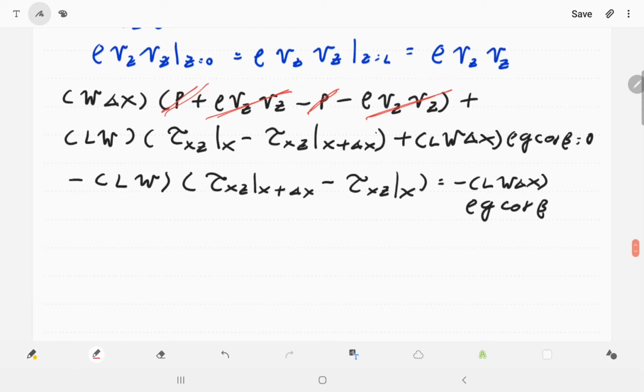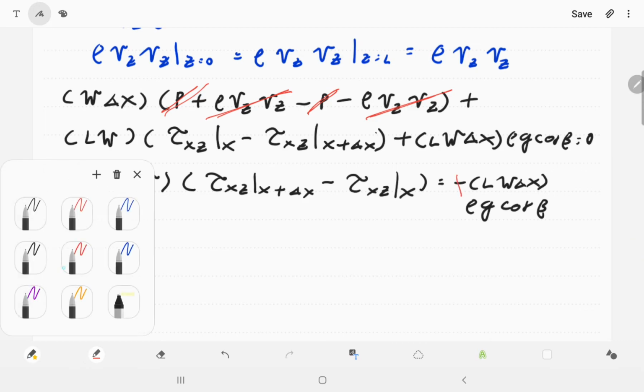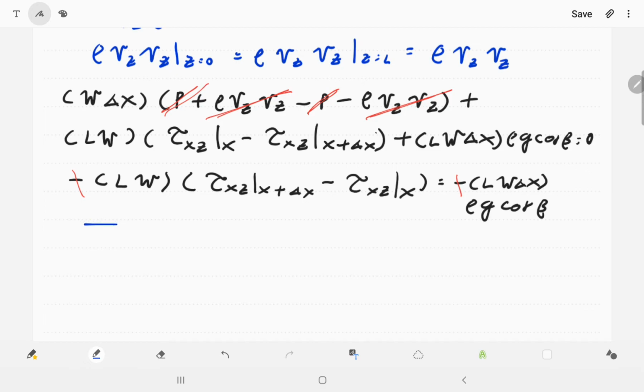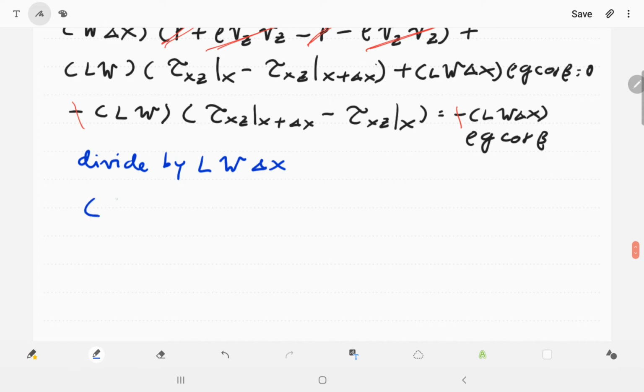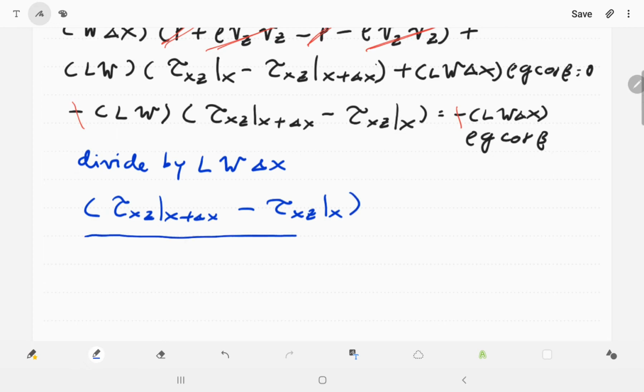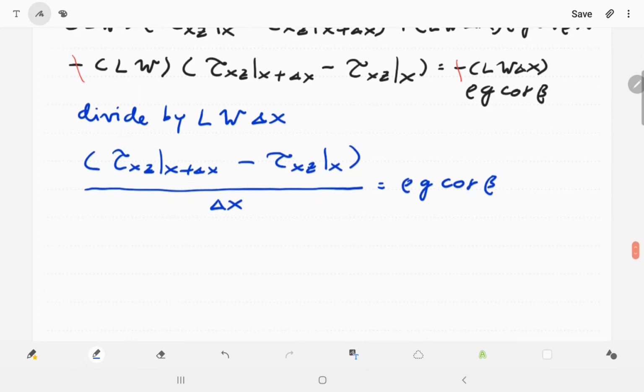Okay, then this one we can cancel this negative sign in here, and then this one we can divide by L W delta x. If we divide by this, we will get tau xz at x plus delta x minus tau xz at x divided by delta x is equal to rho g cos beta.